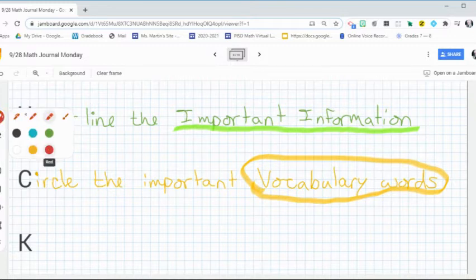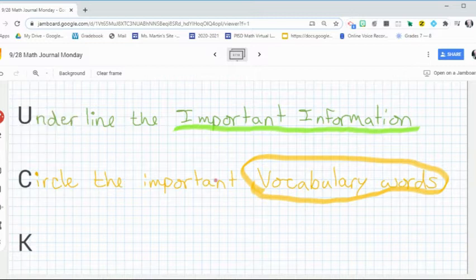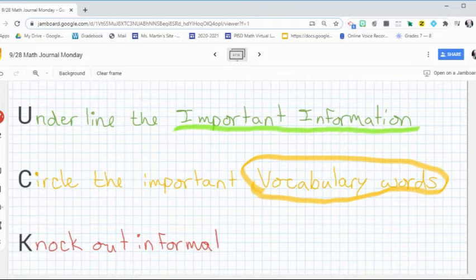Lastly, we're going to knock out any information that we don't need, and we're going to mark it out.